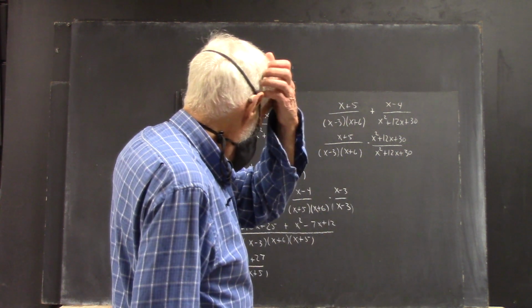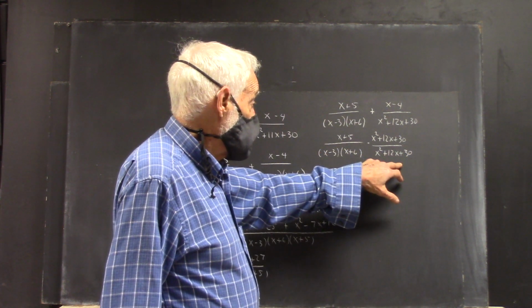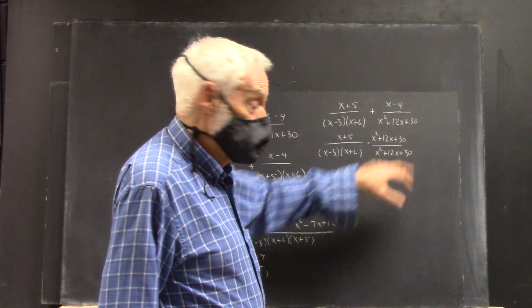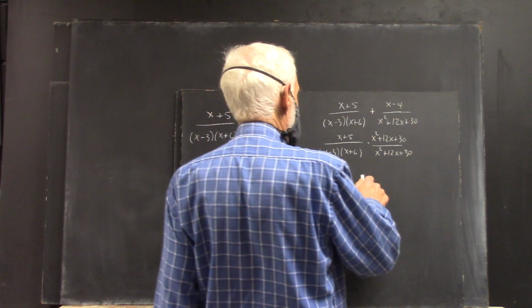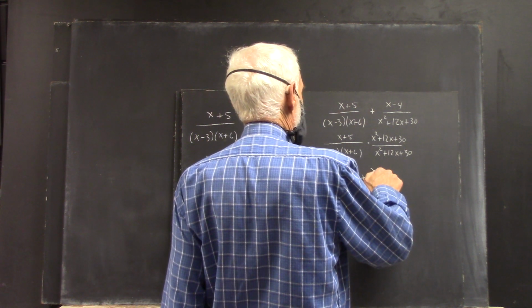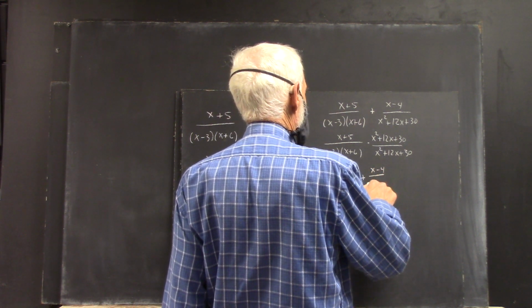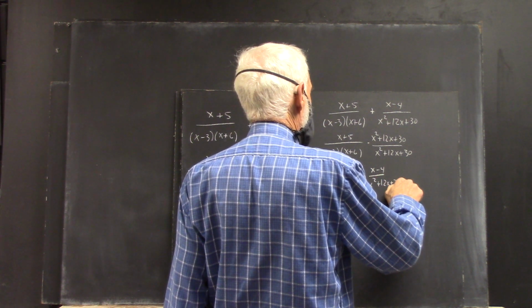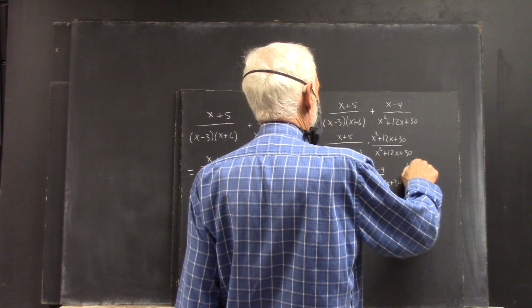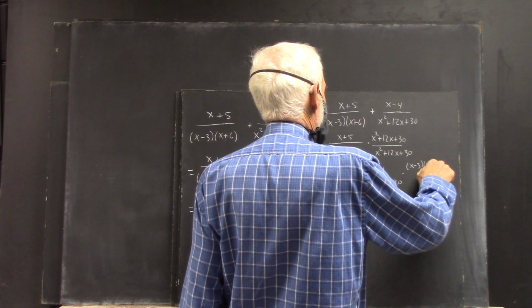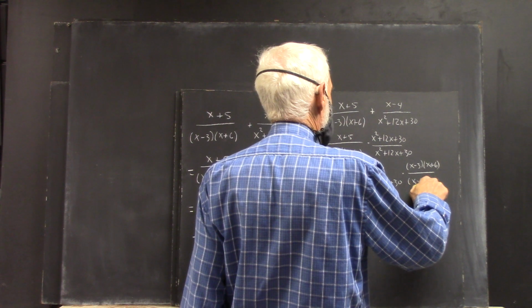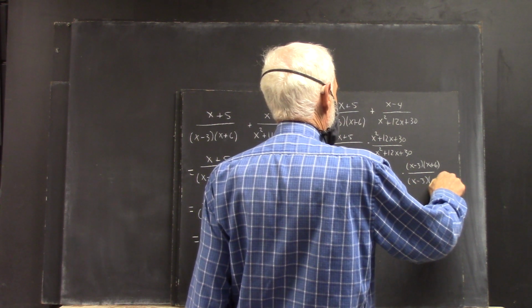So now I have a denominator that covers this one and this one. Then I'm going to have my x minus 4 over x squared plus 12x plus 30 times what? X minus 3 times x plus 6 over x minus 3 times x plus 6.